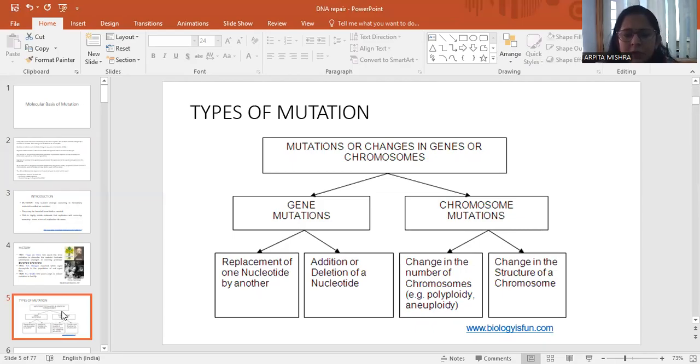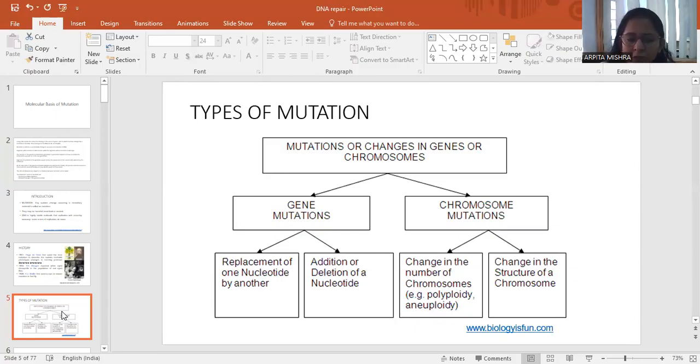So mutations can be at the gene level or at the chromosomal level. If it is happening in a particular gene, you call it gene mutation. If there is a change in the chromosome, at the chromosomal level, we call it chromosome mutation.